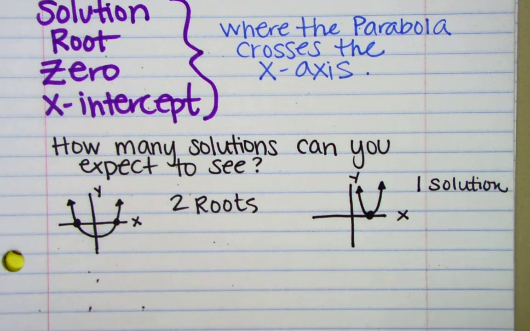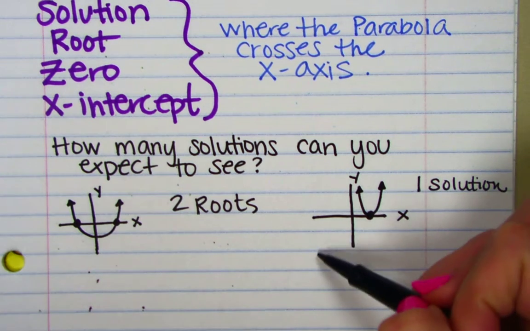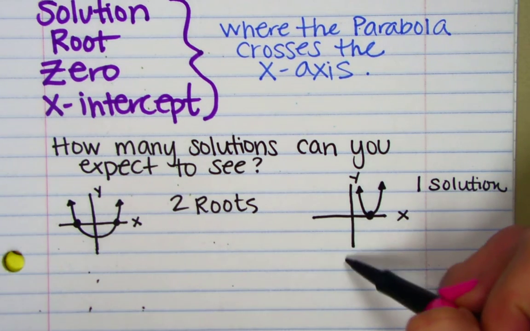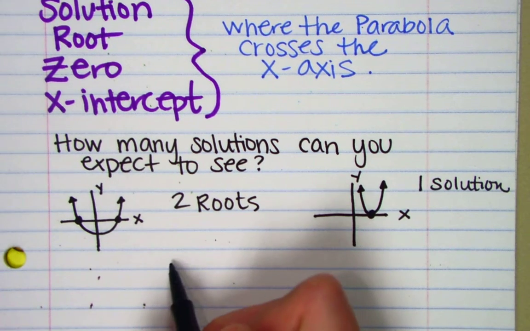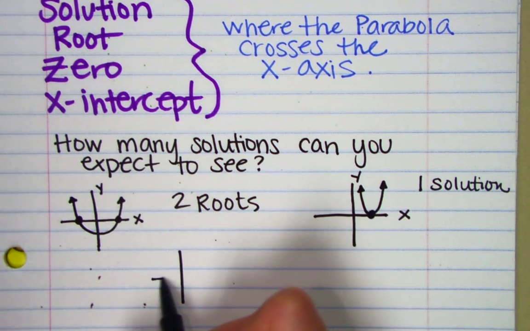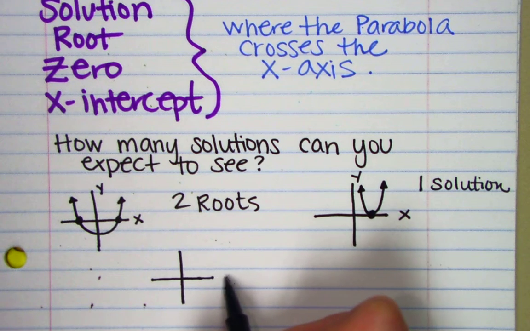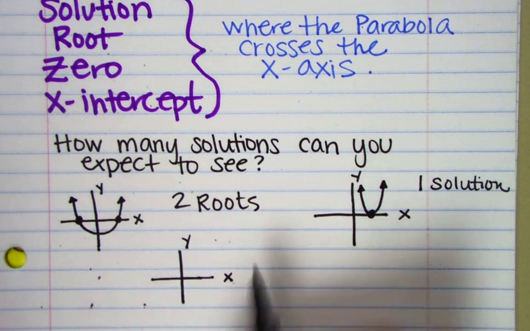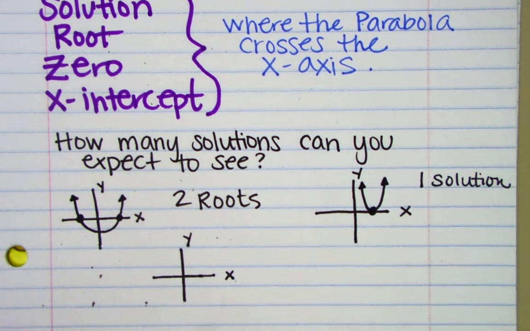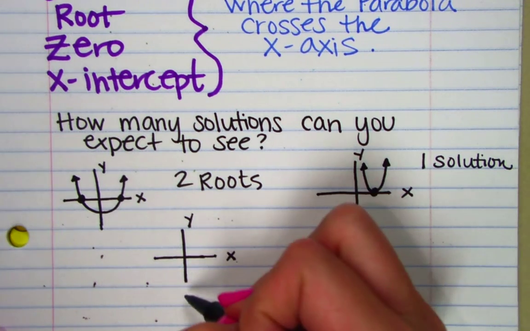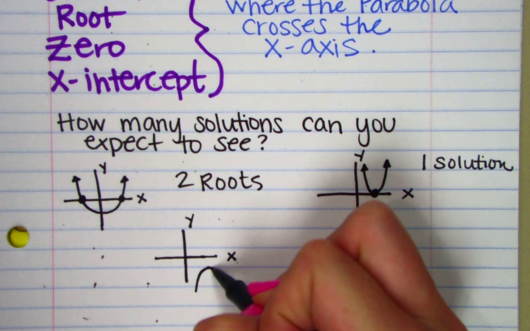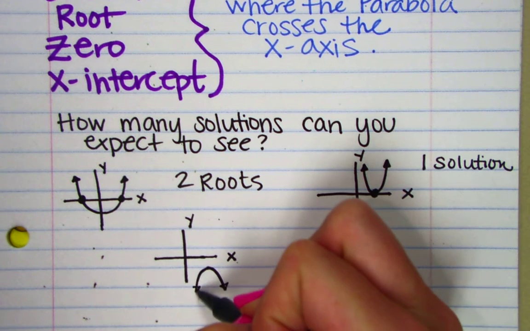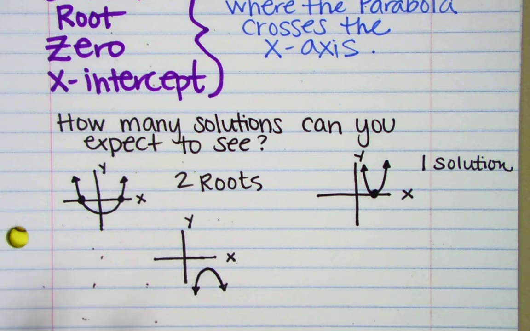Also, all of these, I drew them as positive parabolas where the arrows are going upward, but it could also be like this, downward. Okay? It still could have just one solution, 1 root. Right, and then my third one. What do you think this one's going to be? 2, 1, right, 0. Good, good. Okay, because it could be, I'm going to do this one upside down. What if it goes like this and it never touches the x-axis?